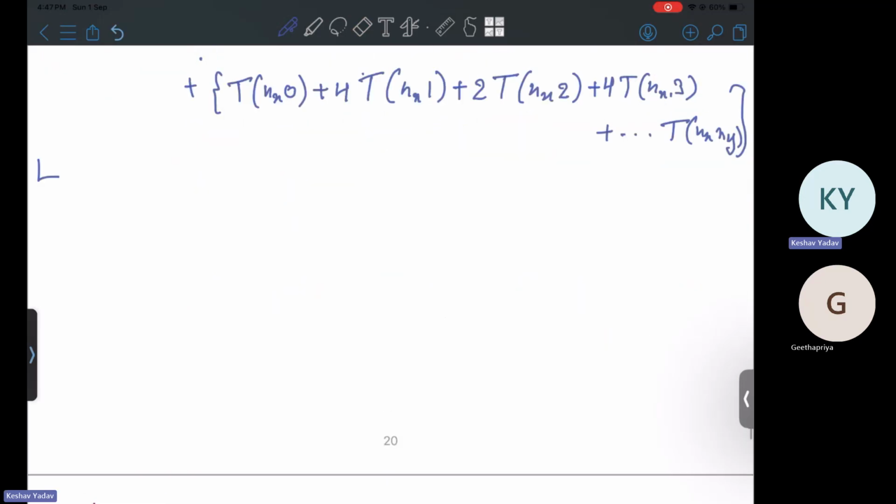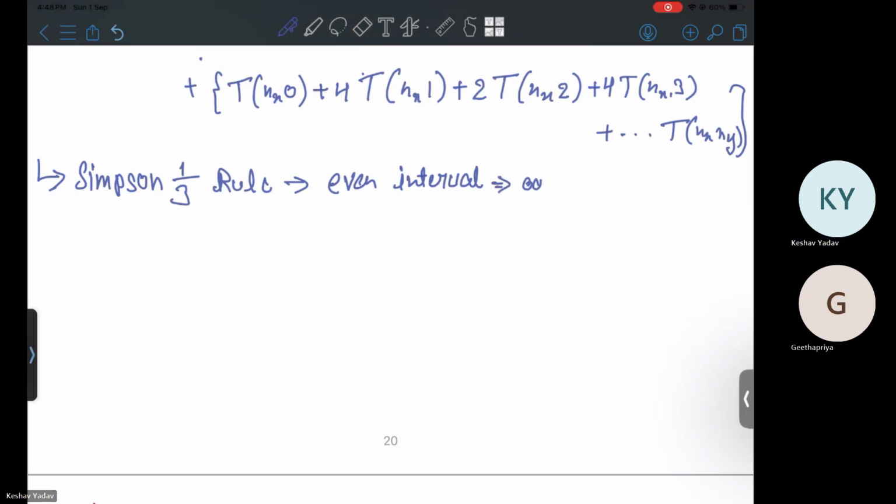So what is the method we are using here? Simpson 1/3 rule we are using. So it has how many intervals? It has an even number of intervals, which means an odd number of points.